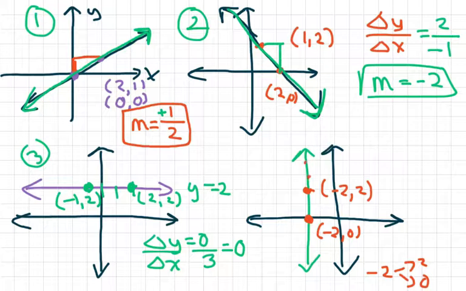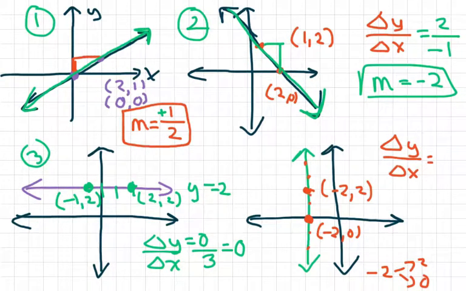So it's not a function. But let's calculate the slope. The slope is change in y over the change in x. Well, the change in y from these two points I decided to pick is 2. But the change in x, we aren't going left or right. So that's 0. You can't divide by 0. So the slope of this line is undefined.